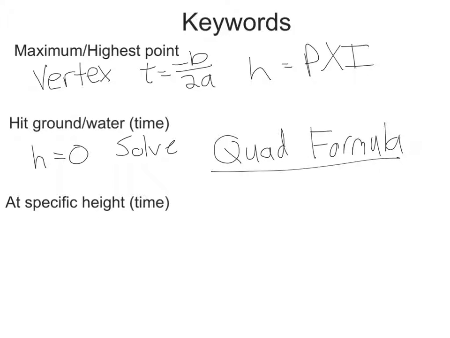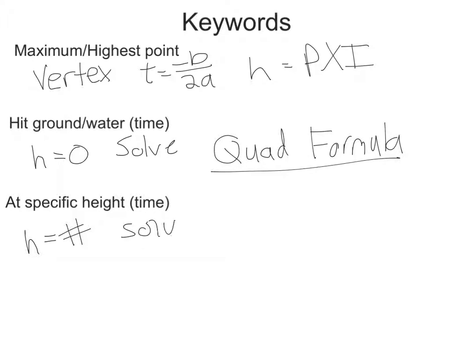Now there is one other type of question that is on here that I didn't quite hit on, and that's when you're asking for the time of when the object or the person is at a specific height. For that one, we need to look at when h is equal to some number. We're actually going to have to still use the quadratic formula, but we have to set it equal to 0 first.